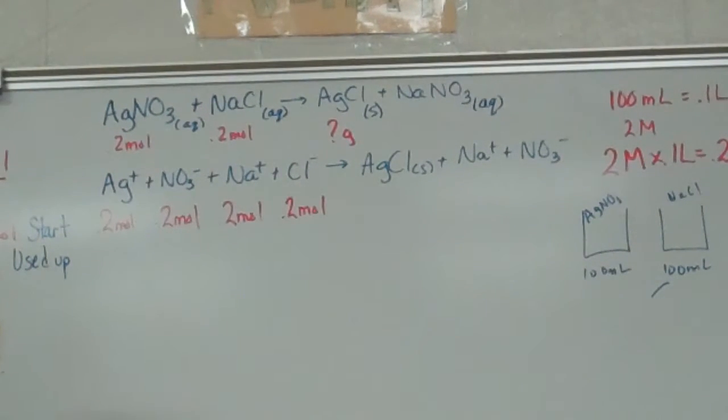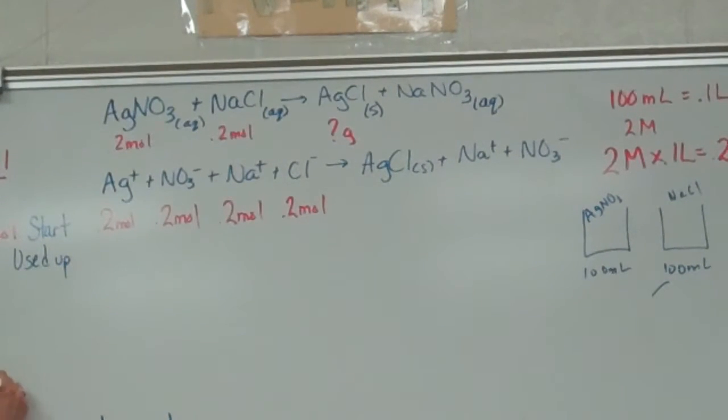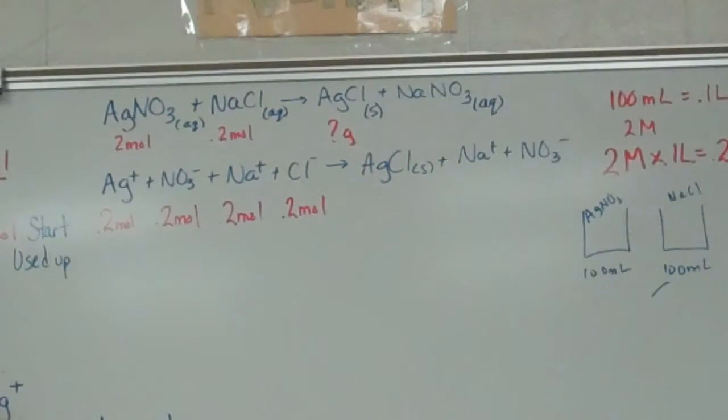No. If we were to draw a picture, like you guys had before, let's make silver blue, that's silver plus 1. Let's make nitrate a blue circle with kind of slashes in it. Let's make chloride red, and let's make the sodium black. Is everybody good with that?